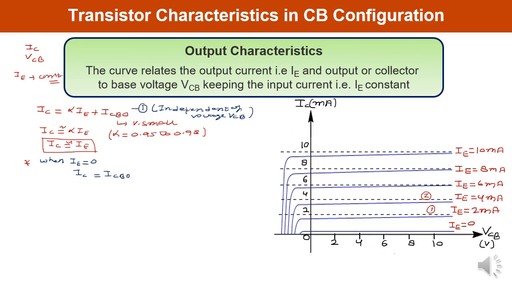So you can visualize that when IE is 0, a very small amount of IC will flow. That is small but nearly equal to 0.